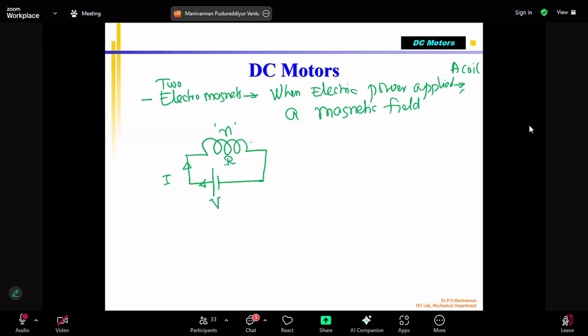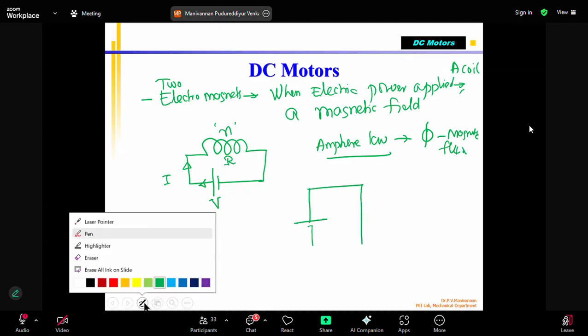If current is flowing in a coil, according to Ampere's law, magnetic flux phi is created around the coil. For example, take a battery connected to a wire.